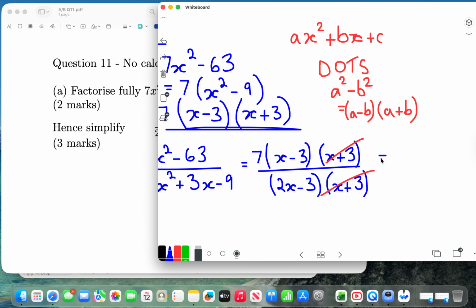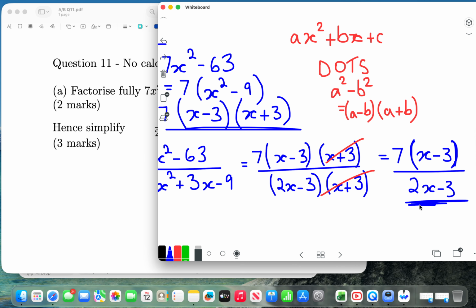So we conclude that we have 7 bracket x minus 3 all divided by 2x minus 3, and that's the final answer. This sort of thing comes up a lot.